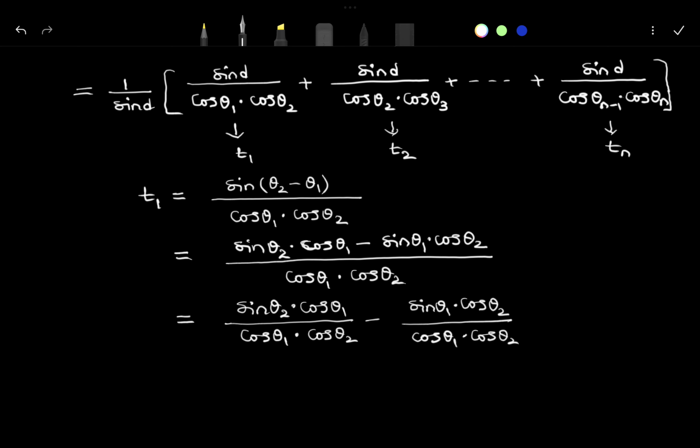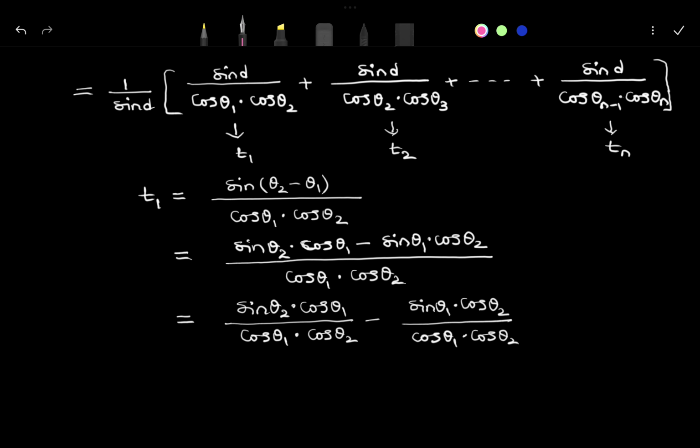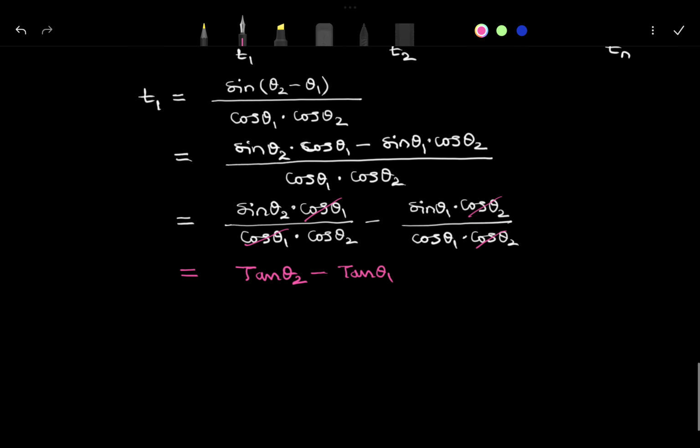Right? Now by observing this, you can cancel the same terms: cos theta 1 and cos theta 2 will be cancelled. Now this value will be equal to tan theta 2, because sin theta 2 by cos theta 2 is tan theta 2, minus sin theta 1 by cos theta 1, that is tan theta 1. So the first term will be this.